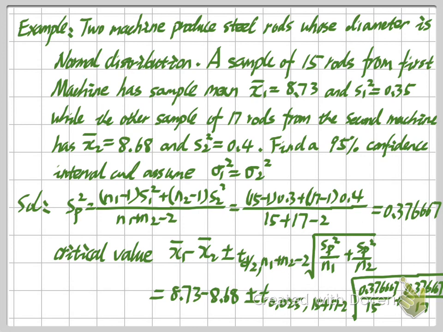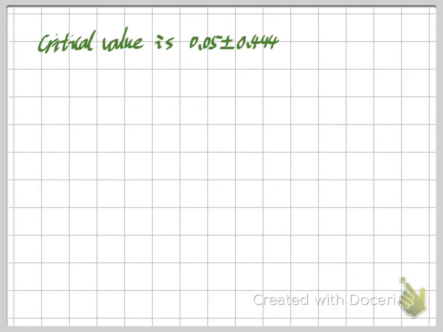Based on the information we have from the T table, and then using our calculator, we can compute the result of this equation, like this: 0.05 plus or minus 0.444. So the left endpoint is 0.05 minus 0.444, and the right endpoint of our confidence interval is 0.05 plus 0.444.